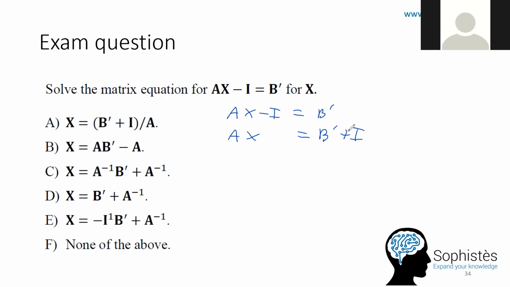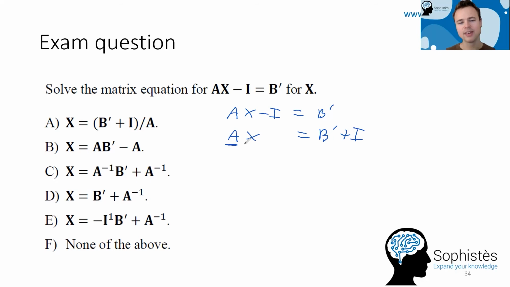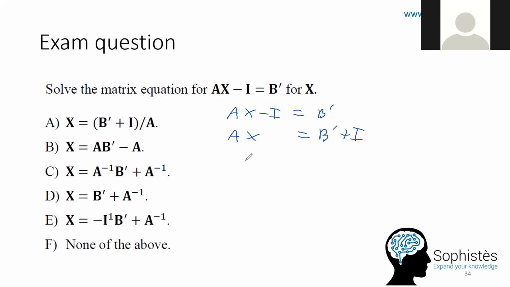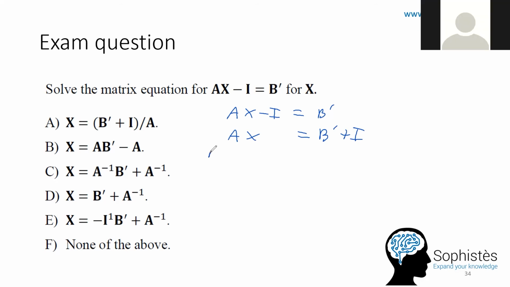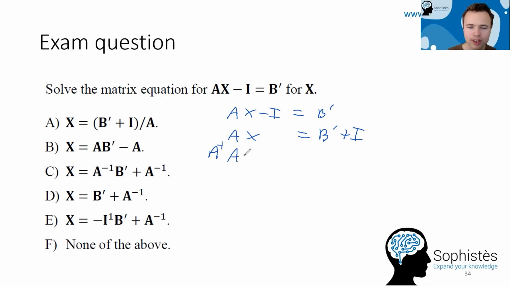Yeah. Okay. How can I get rid of this A here? By multiplying it by the inverse, right? And is it important that I put it in front of it? Or am I also allowed to put it behind? In front, right? That's really important because the order does matter with matrices.